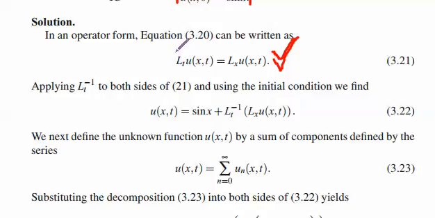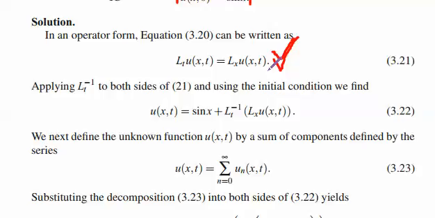The operator for the above equation can be written in this form: L_t of the function u of x, t is equal to the linear operator L_x of the function u, which is depending on x and t.